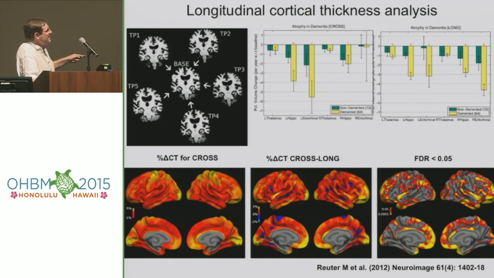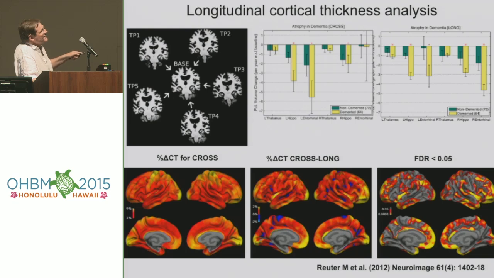This is a map of the percentage change between two time points when one does not take into account the longitudinal component of the data within any individual. If you do take account of that longitudinal information, you can reduce the amount of noise in the system dramatically from about 6% here down to about 2% here, with significant changes in consistency across subjects.